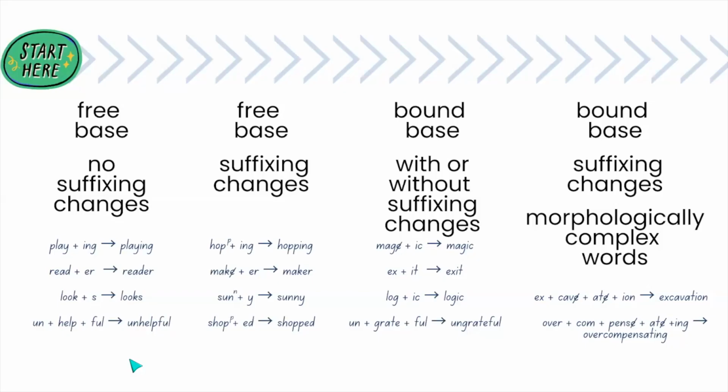And then basically, once we get to that point, we just float amongst those levels of word building. But we definitely don't start with overcompensating as the first word that we're going to study. We have a conversation that levels up to that place.